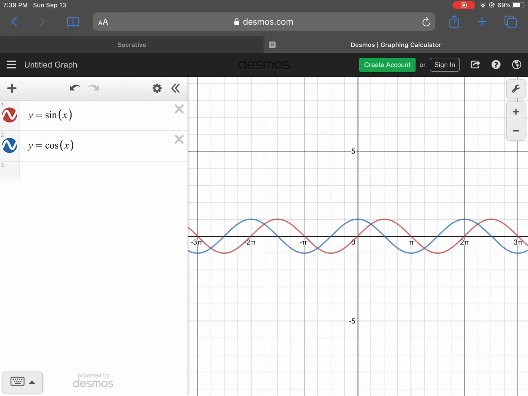You could say the same about cosine. Cosine looks like the sine function, just shifted to the right or left. So there's definitely something going on here with sine and cosine, and they're obviously very closely related to each other. We're actually going to derive the relationship in an upcoming video.